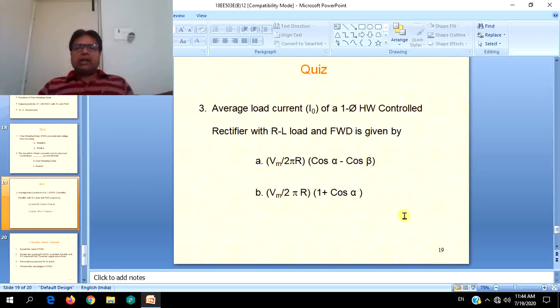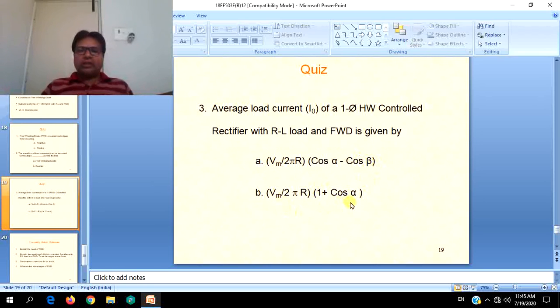Average load current I0 of a single phase half wave controlled rectifier with RL load and FWD, that is freewheeling diode, is given by A and B. This is where the confusion lies. Actually, this expression Vm by 2 pi R into cos alpha minus cos beta was the expression derived for a simple RL load without any freewheeling diode.